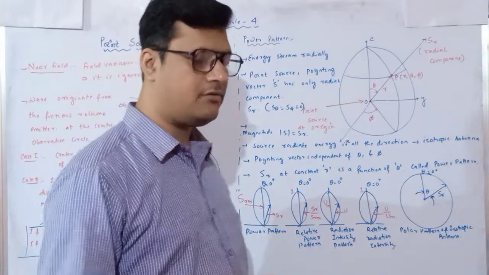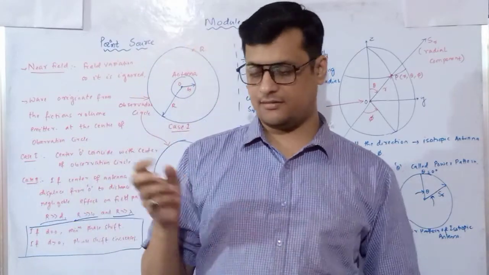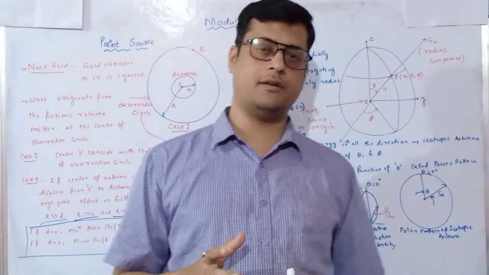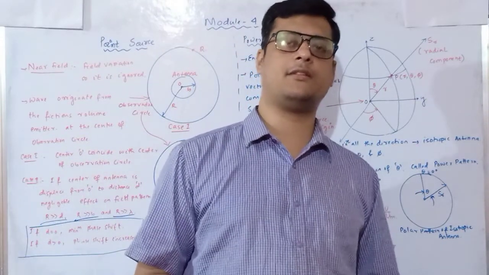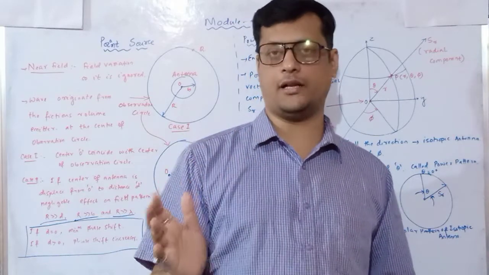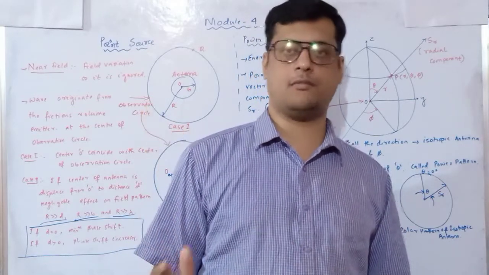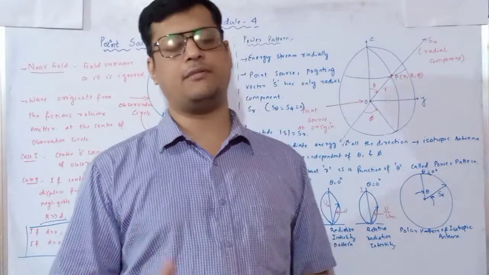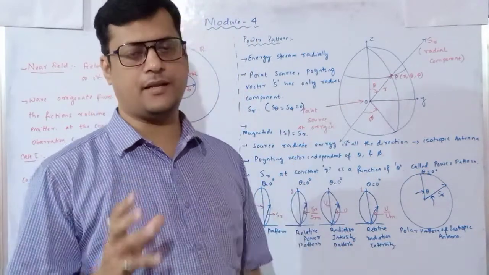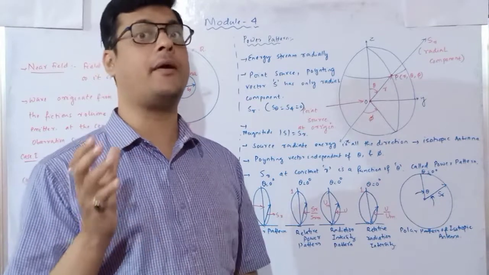But how are we going to measure the intensity? When we discuss electric field and magnetic field, the power is related to the cross product of electric field and magnetic field, and that vector is called the Poynting vector. So whenever power comes into picture, we have to consider the Poynting vector.